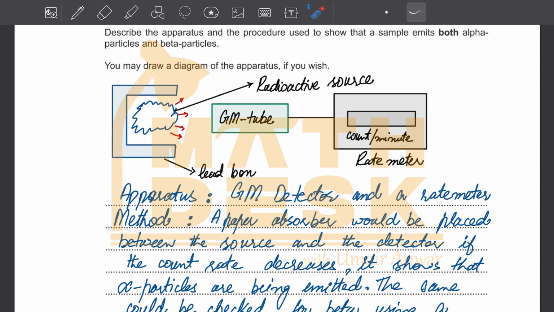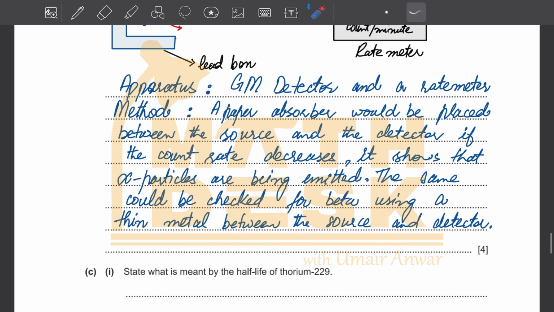For alpha particles, we would be placing a thick paper sheet between the source and the GM tube. If the count rate decreases, it means alpha particles are being emitted. Similarly, we would place a thin metal between the source and the GM tube. Again, if the reading is decreasing, it means beta particles are being emitted.